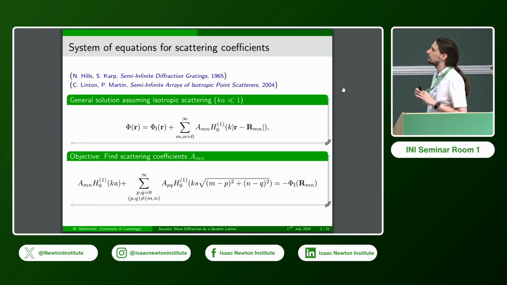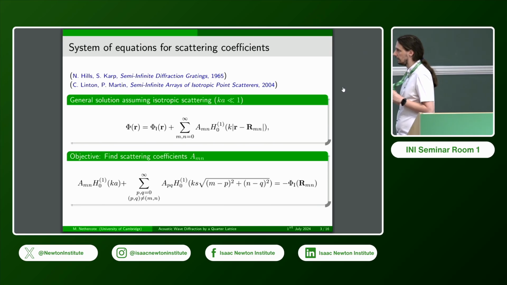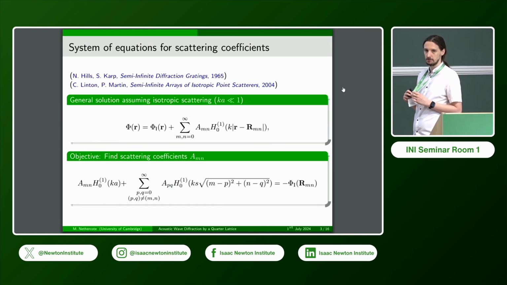We need to find these unknown scattering coefficients. So we can apply the boundary conditions and approximate for small scatterers to create a system of equations that looks like this.